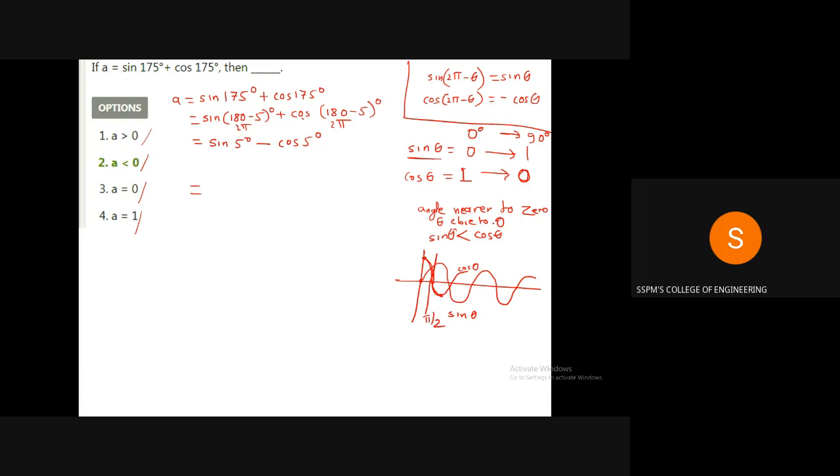The value of sine theta is always less than cos theta when theta is very close to 0. So this value must be less than cos pi degree. So this is A. The answer will be less than 0, so A will be less than 0 as well. The correct option is A, less than 0.